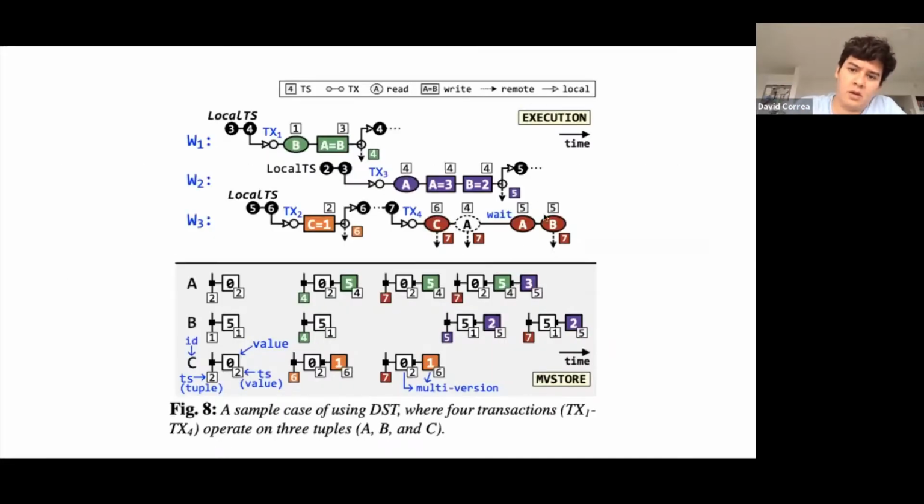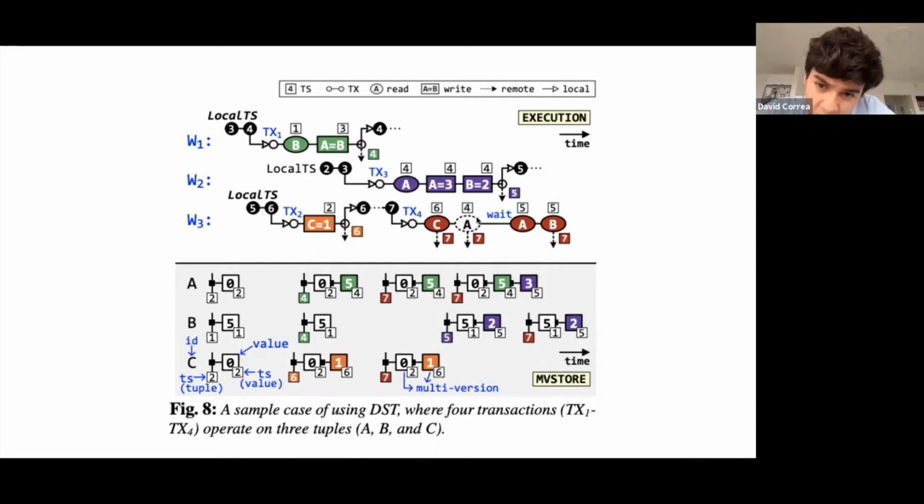So the updated version of this is that because worker 3 has a larger timestamp, which is timestamp 7, we read C because it's not actually locked by anything. But when we look at A, we notice that the timestamp at A is smaller than our current timestamp, so we wait, since it would also be locked.